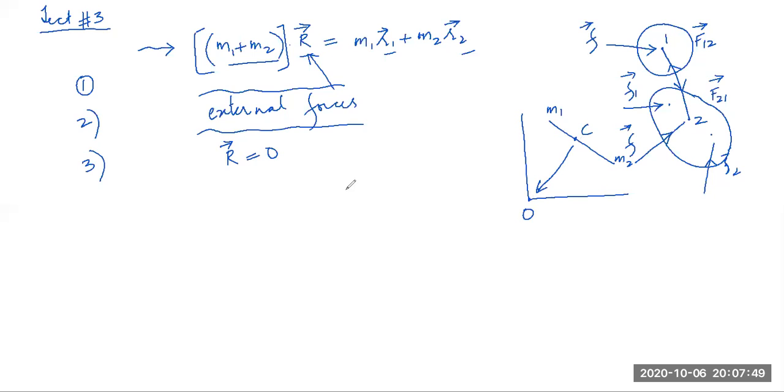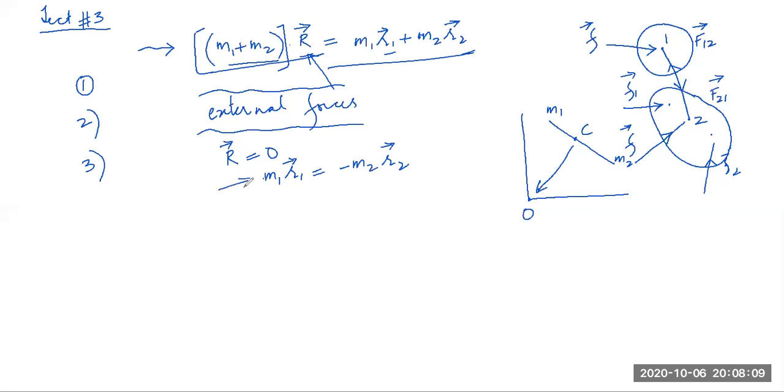So from the equation, this entire thing becomes 0, and m1 r1 vector is equal to minus m2 r2 vector.